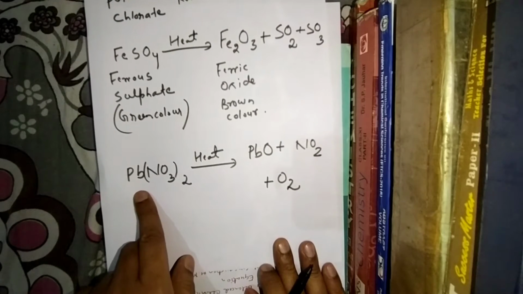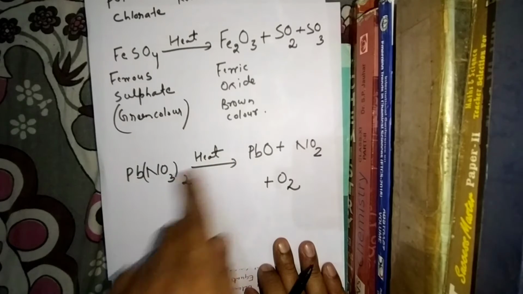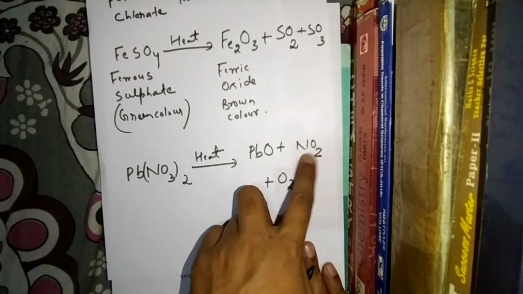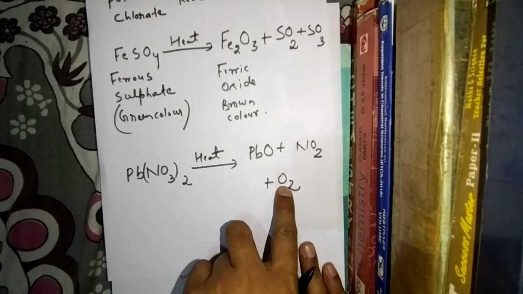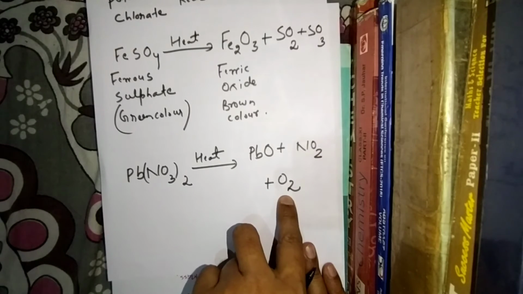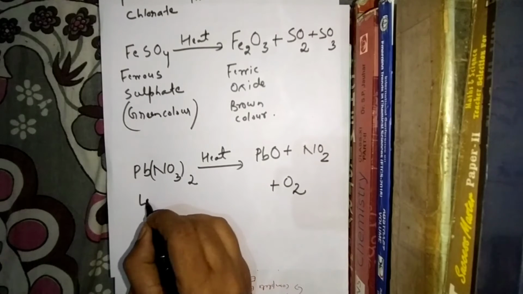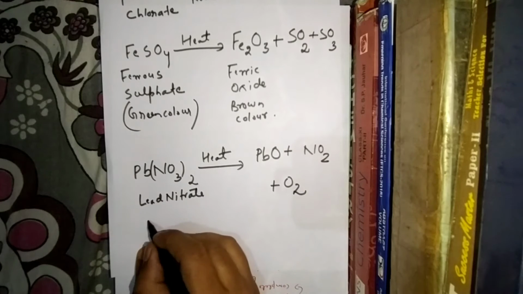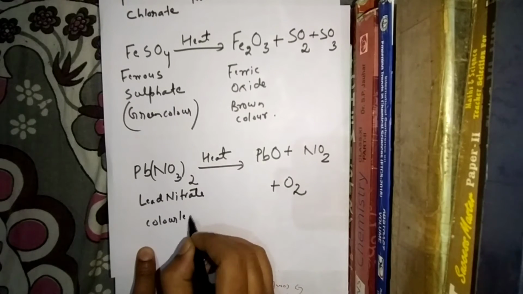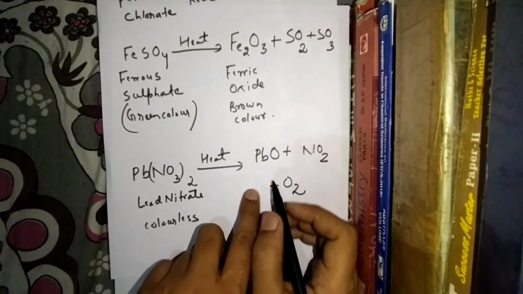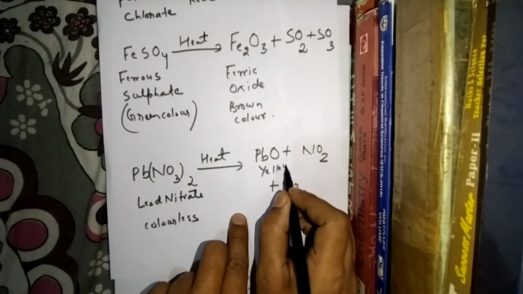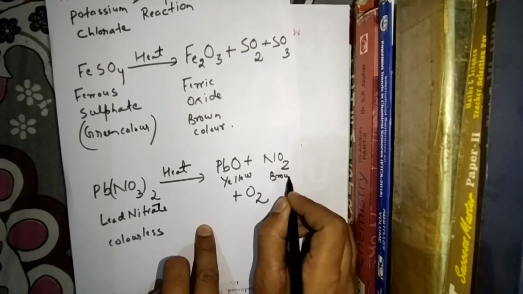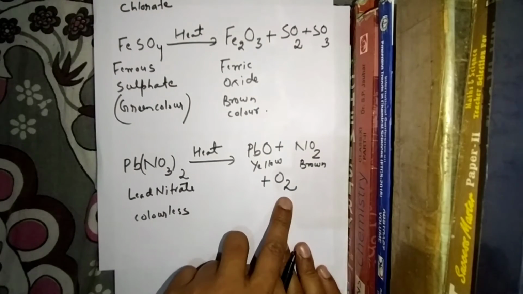Okay students, when lead nitrate is heated, it decomposes to give PbO, lead oxide, nitrogen dioxide and oxygen gas. So this is your lead nitrate. It is colorless. This is your lead oxide. Its color will be yellow. And this NO2 is brown in color, whereas oxygen is colorless.